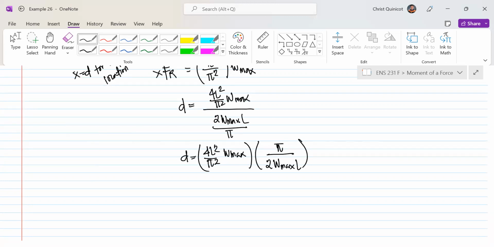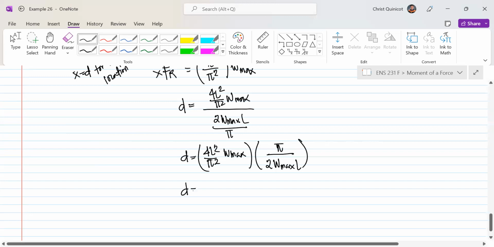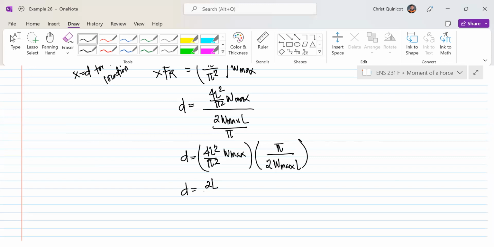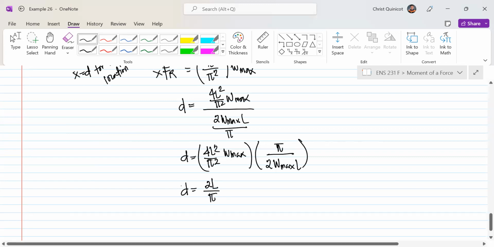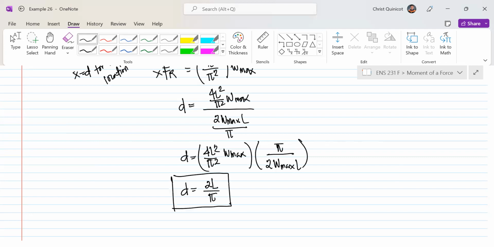Cancel W sub max, cancel 1L. So our distance is equal to 2L over pi. So whatever our length is, we multiply that by 2 over pi.